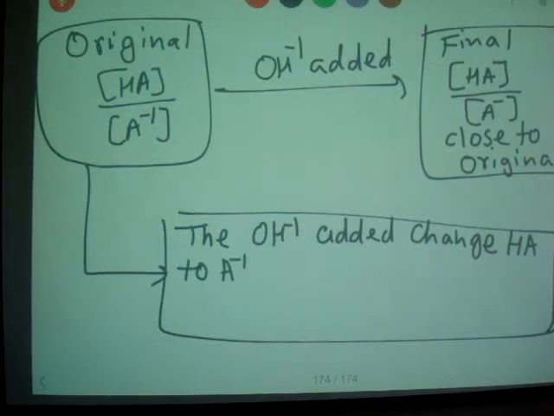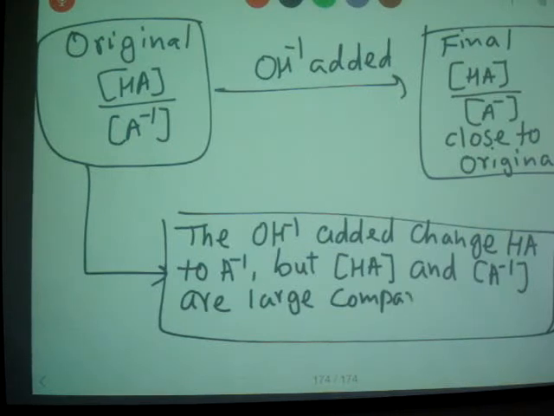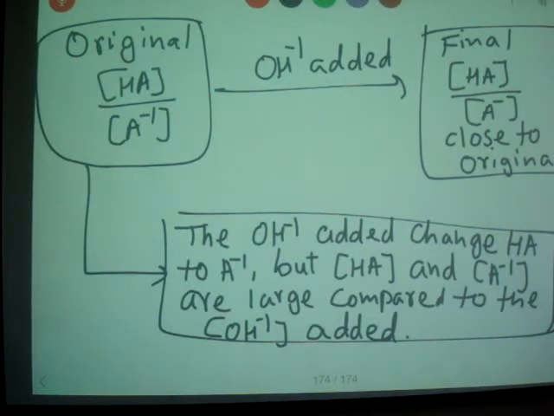But the concentrations of HA and A minus are large compared to the OH minus added, and that's why the final pH is close to the original.